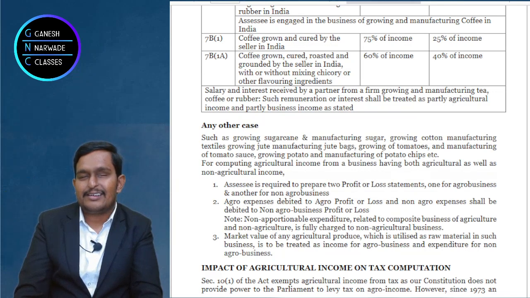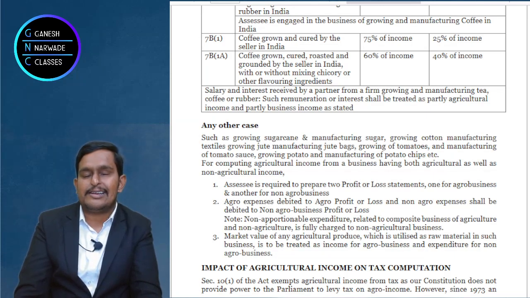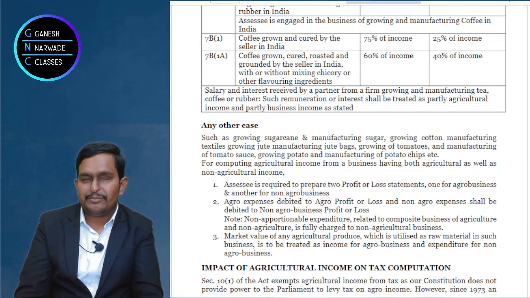Easy? Clear? Now, if you have cultivation expenses, that means agricultural activity related expenses, you will debit that expenses to agricultural P&L account, correct?